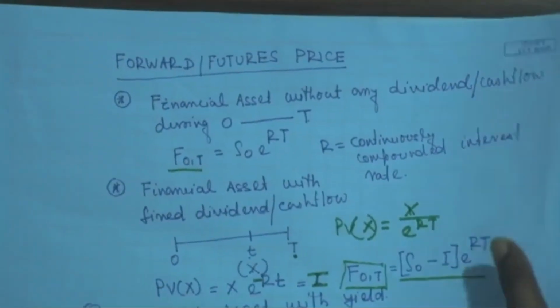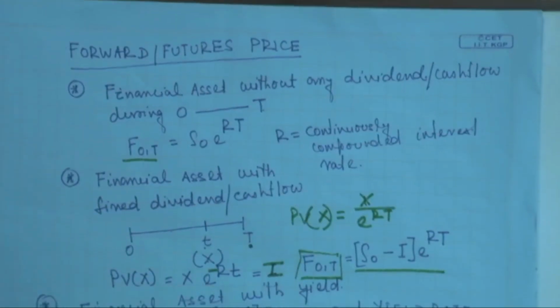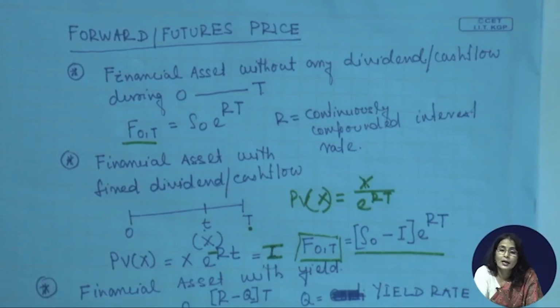Let's start with how the forward or futures price can be calculated when the underlying is a financial asset that does not have any cash flow during the life of the contract.